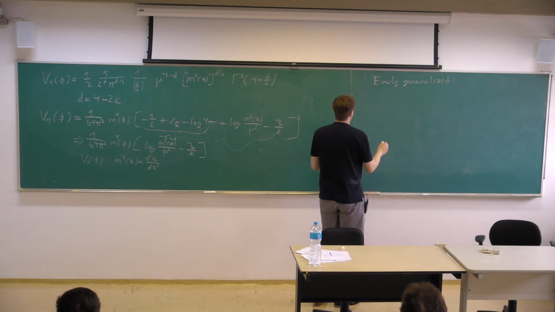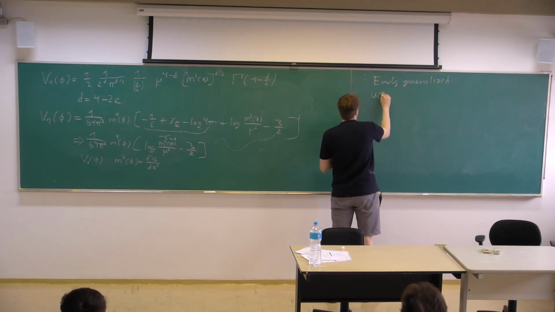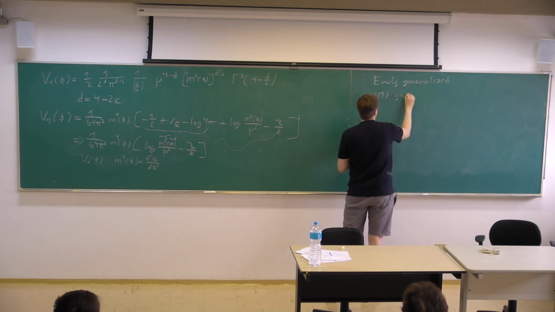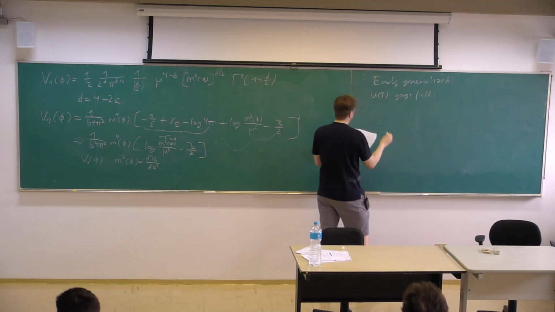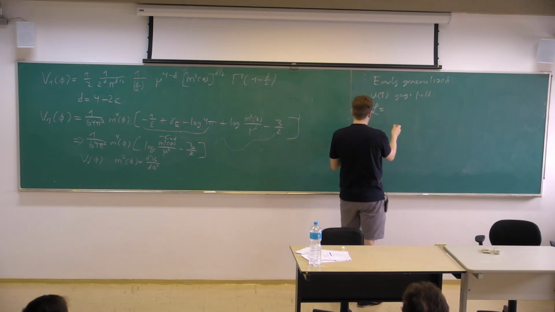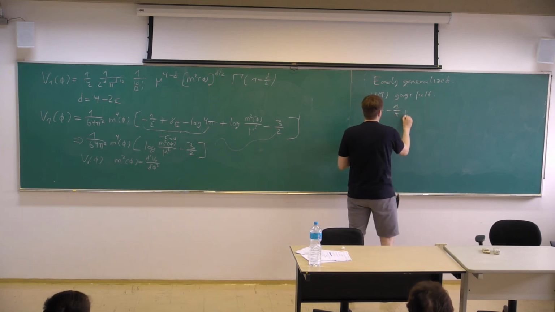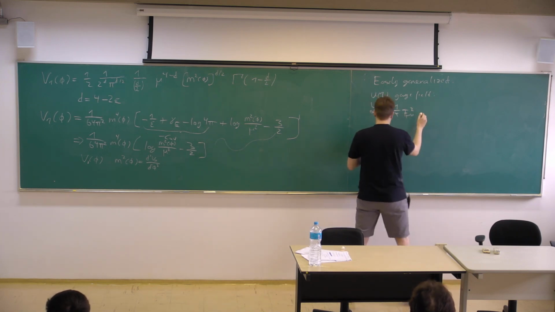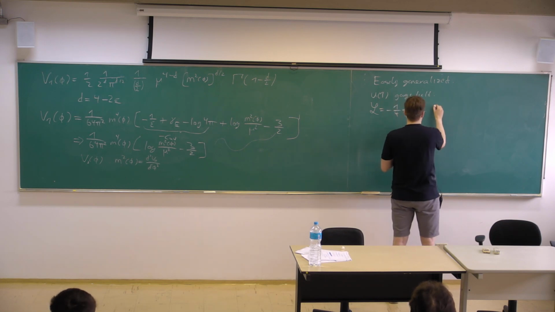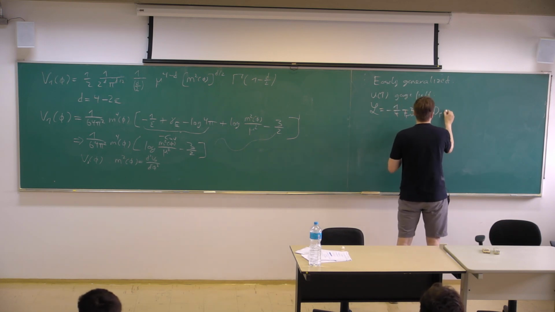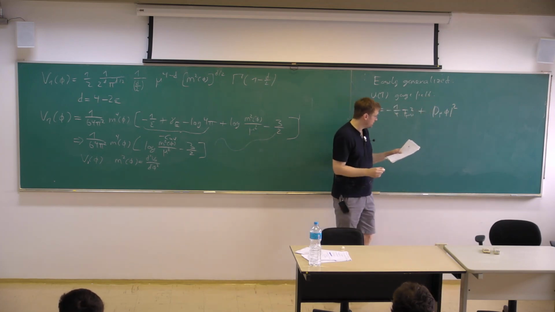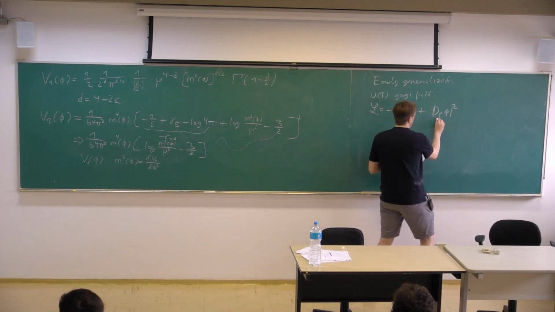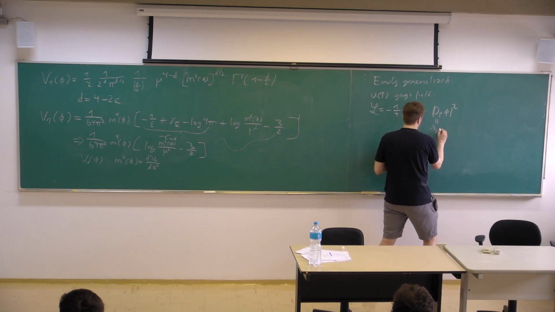For example, if I have a U1 gauge field coupled to some complex scalar, then right now it's this: the kinetic term from the gauge field, and a kinetic term for the complex scalar phi, where D mu is just a covariant derivative.